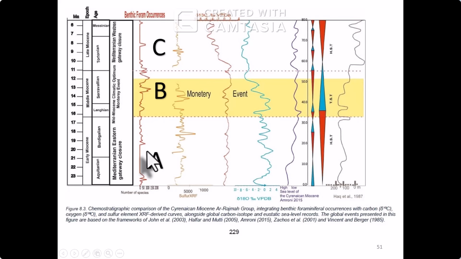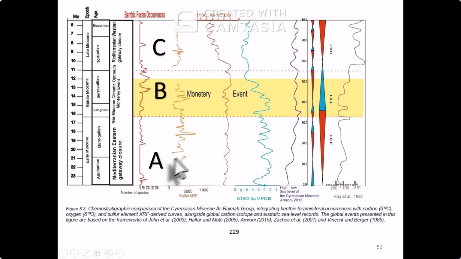When Dr. Hamza integrated this foraminifera occurrence and counts curve with the sulfur curve, the carbon stable isotope and oxygen stable isotope, he did find that at the time when there's declination of forams, there's increase in sulfur element, which is basically the main element in gypsum, which is hydrous calcium sulfate.